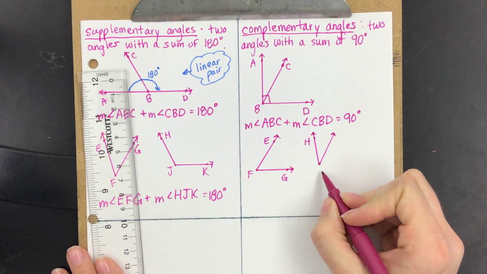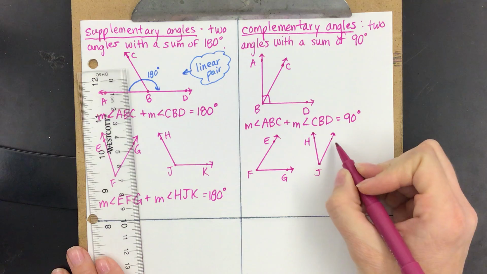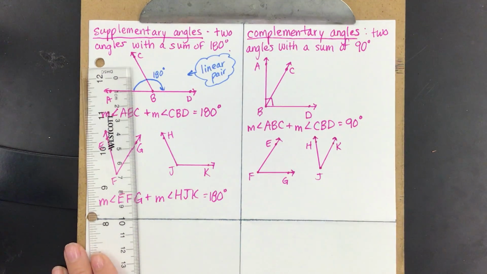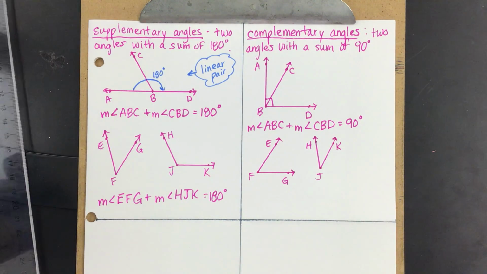And my picture is definitely not drawn to scale. I imagine if we measured those two angles, they probably wouldn't actually add up to 90, but we're going to assume that they do.